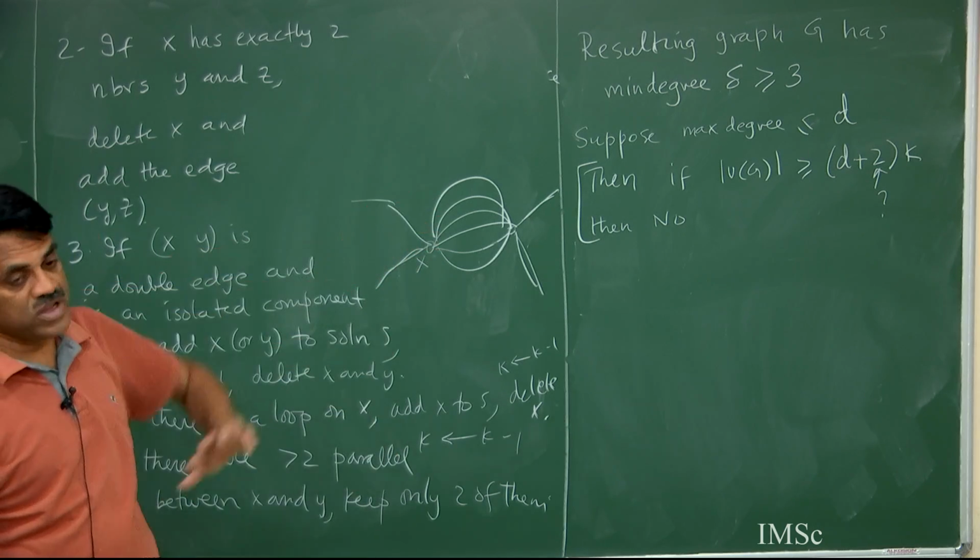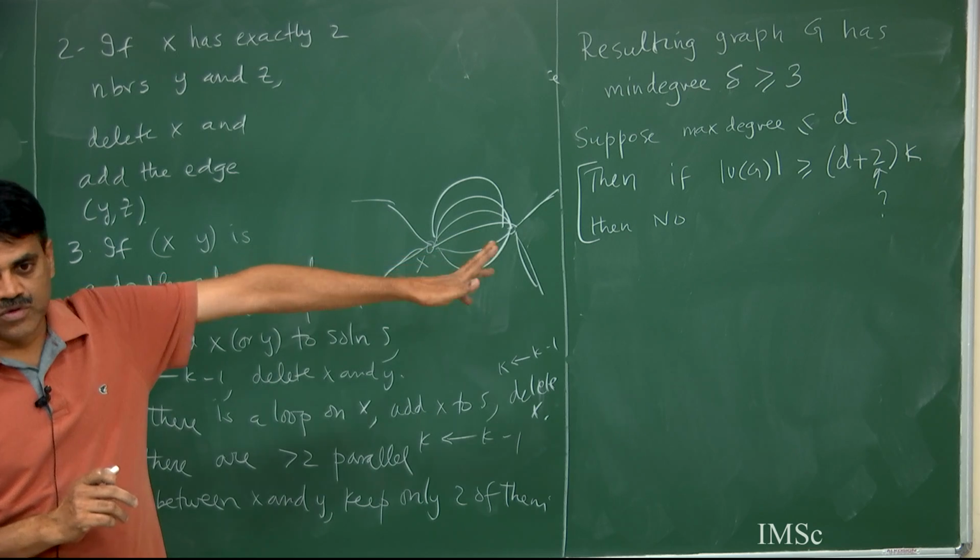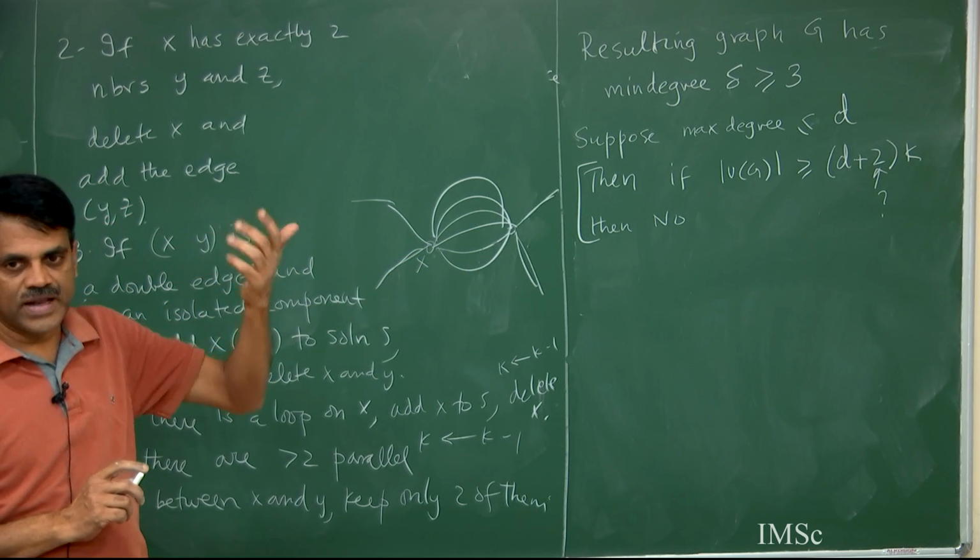That means if you see so many vertices, you can right away say no, and otherwise you have a kernel of size at most something like dk.